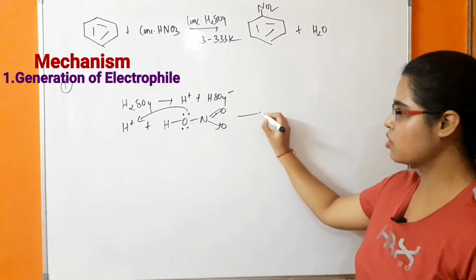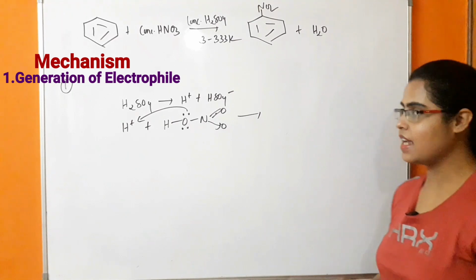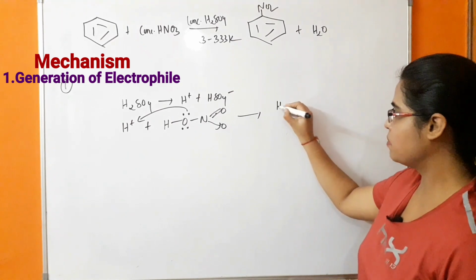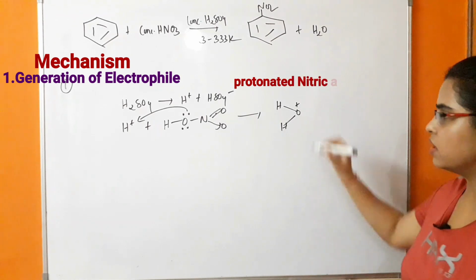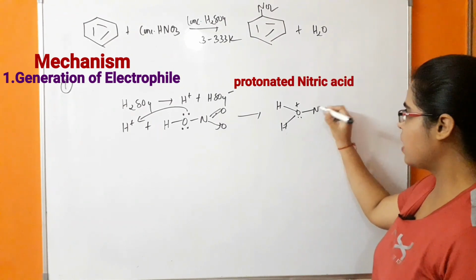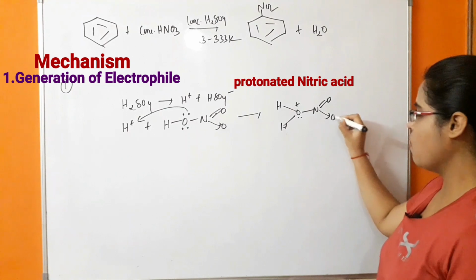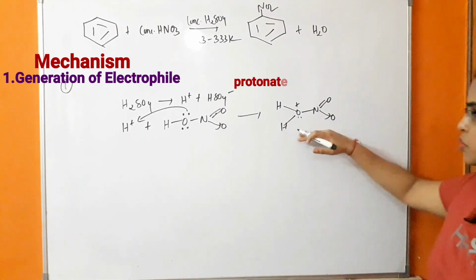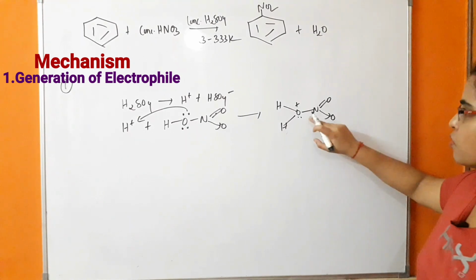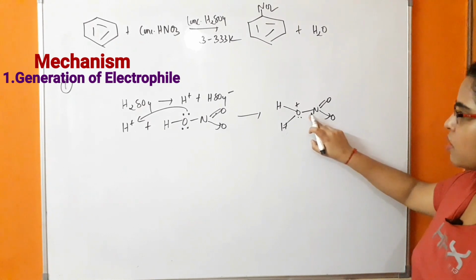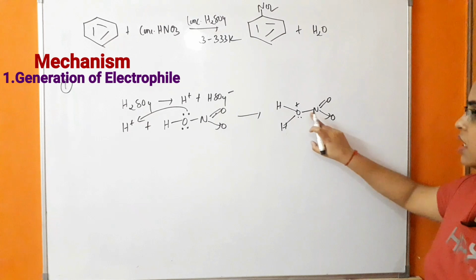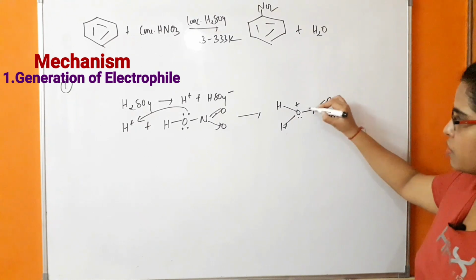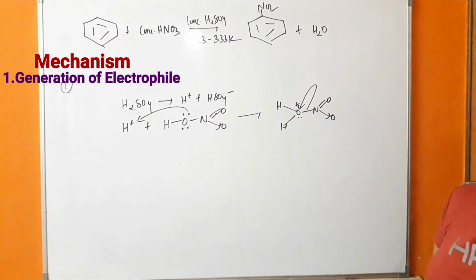So what is happening? There is a formation of protonated nitric acid, in which positive charge is coming on the oxygen, and we know that positive charge on oxygen is unstable. This is protonated nitric acid. So this shared pair of electrons, that is the bond of oxygen and nitrogen, will be shifted towards the oxygen.